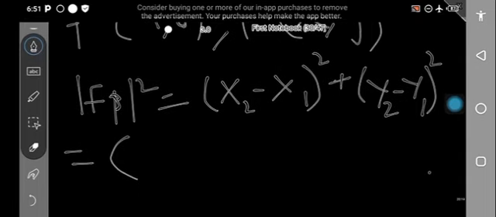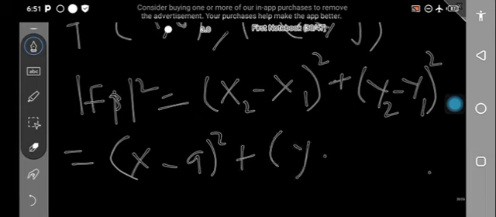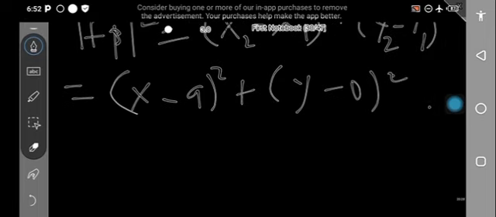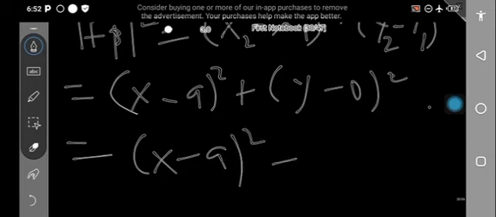So this gives (x - a) raised to the power of 2 plus (y - 0) raised to the power of 2. This equals (x - a) squared plus y squared. Let's call this equation 2.